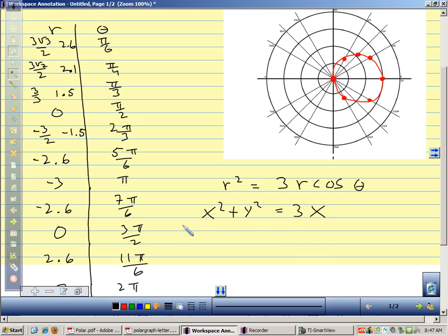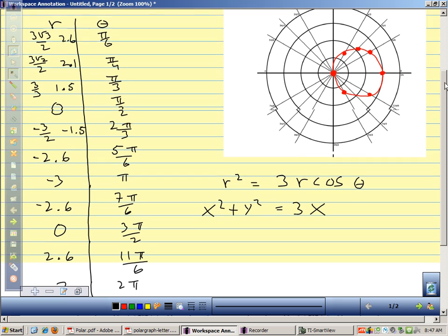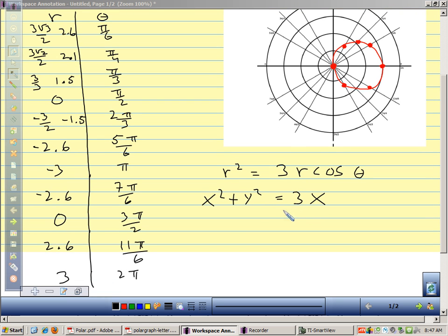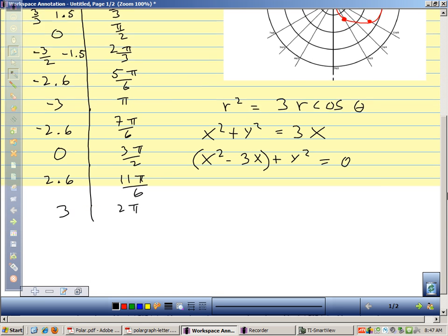And I said that if you got to here, this would be fine to convert this equation. I just want to go a little further to show where this circle comes from. So I'm going to subtract 3x from both sides. X squared minus 3x plus y squared equals 0. We're going to go ahead and complete the square here.